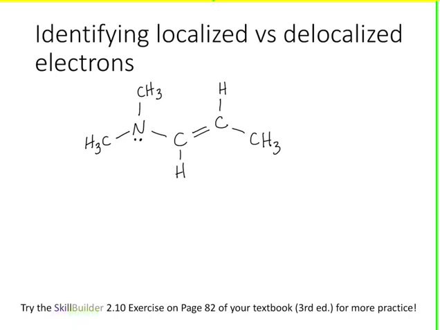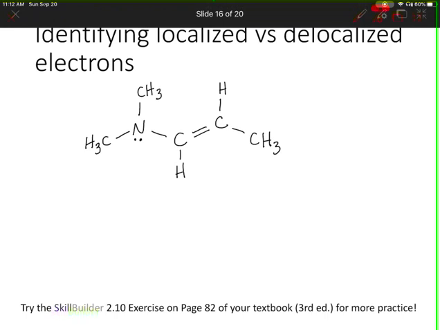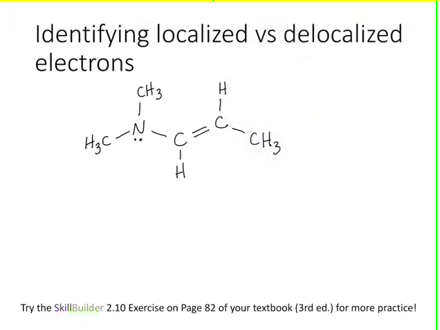Okay, so let's see how we can move electrons around, potentially. So what can we do here? How can the electrons move around? So what if we move this pi bond over here?